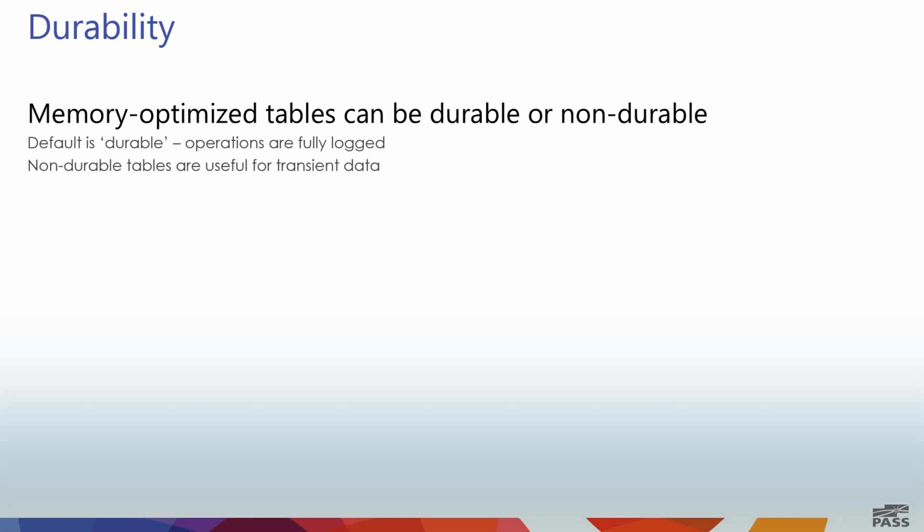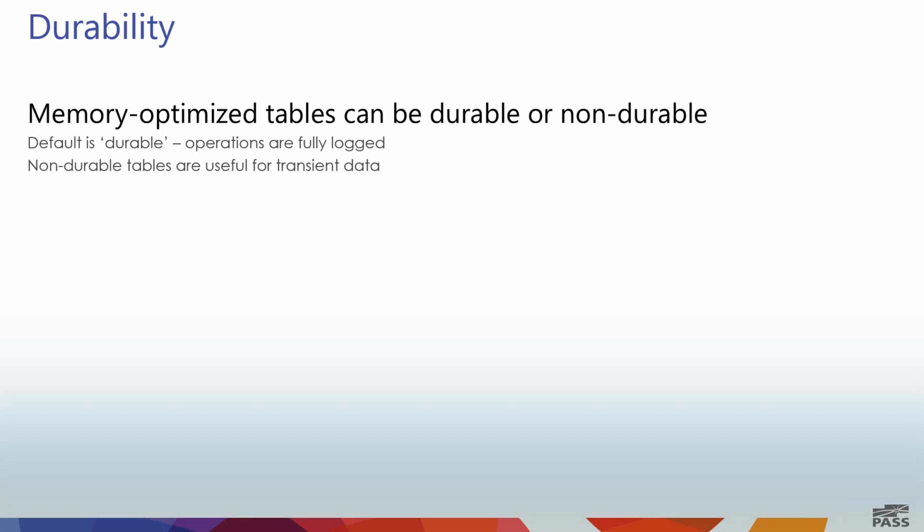We have the non-durable variant, which we call schema only, where only the schema is made durable, but the data is not. So if your server crashes or you do a failover to an always-on secondary, the data in your table will be lost.